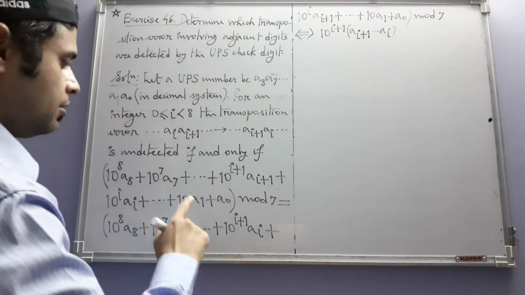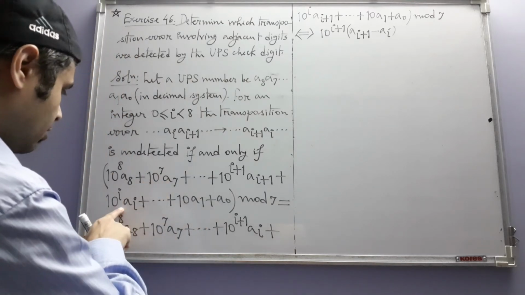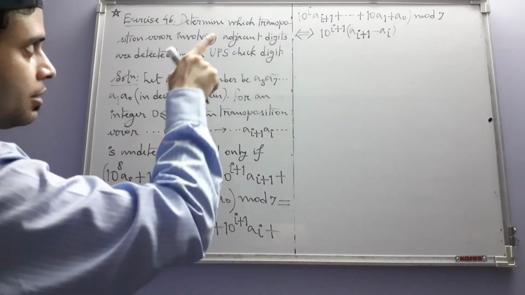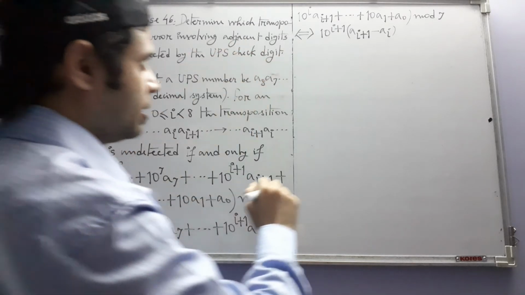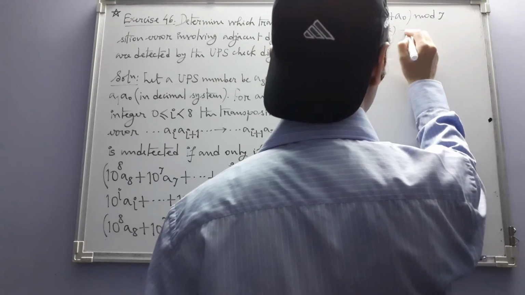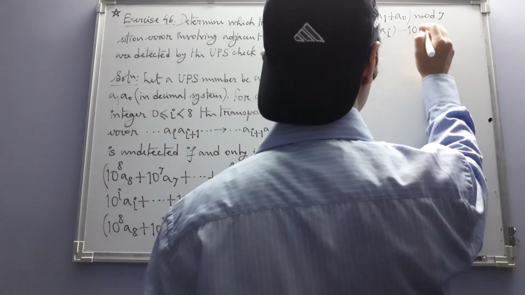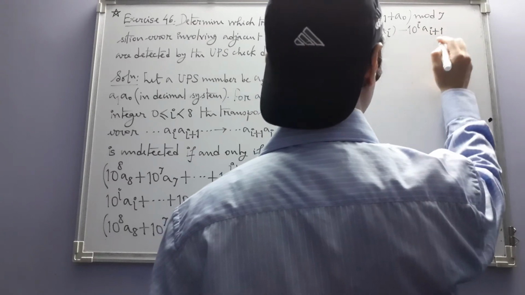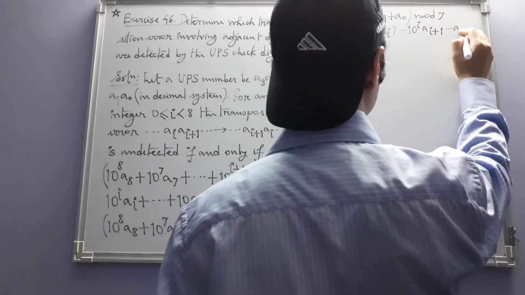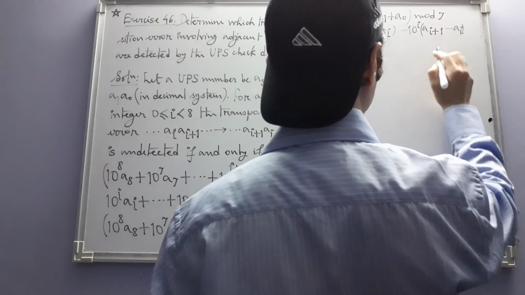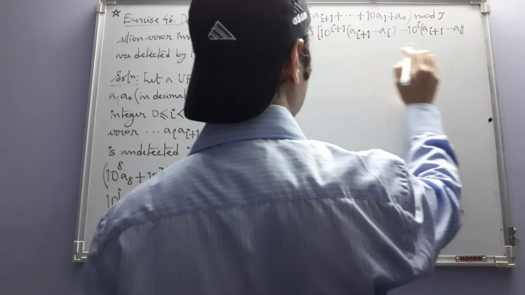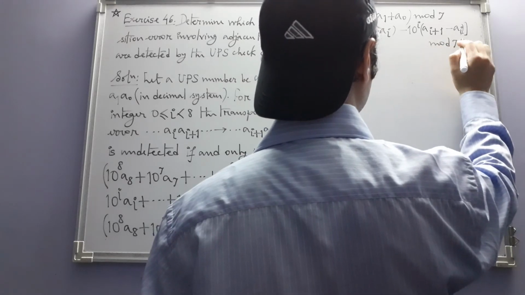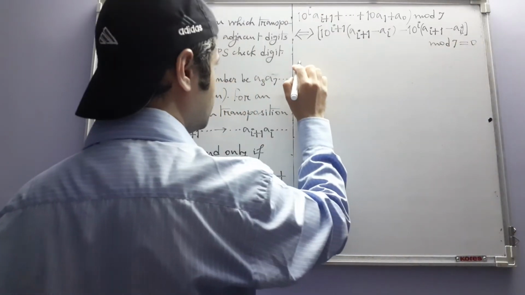Okay. And then here we also have 10 to the power i A_i and there 10 to the power i A_{i+1}. So minus 10 to the power i times A_{i+1} minus A_i mod 7 equal to 0.